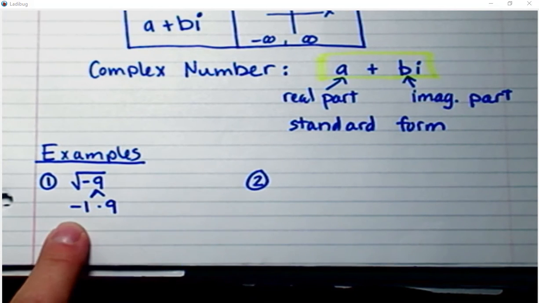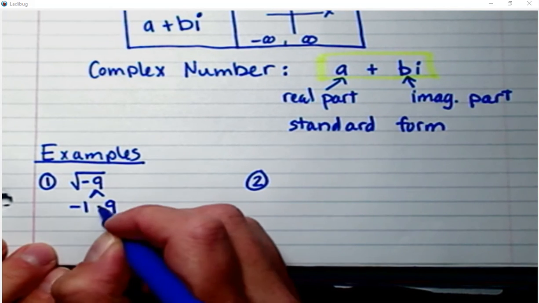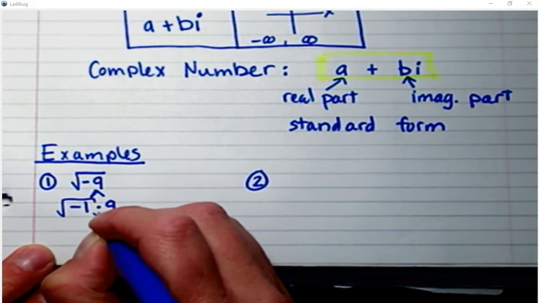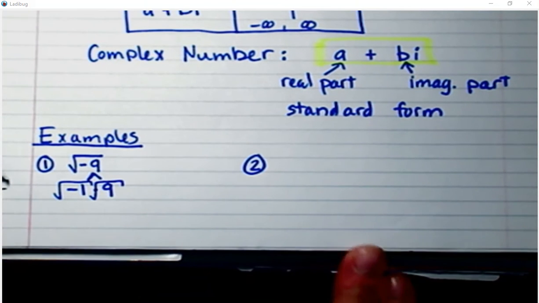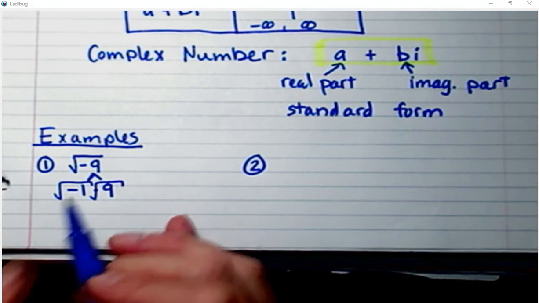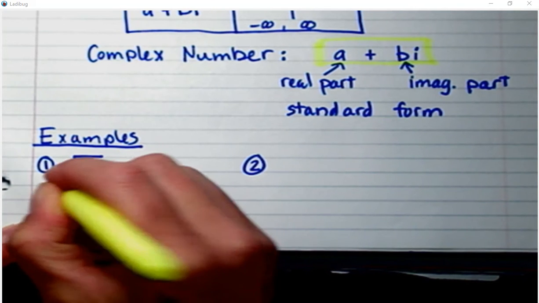And I'm going to write -9 as -1 times 9, because 9 is the perfect square. Now, because this is multiply, the radical actually just goes around both of those numbers, and then you can evaluate or simplify. So instead of writing root -1, I'm going to highlight it because that's my definition.